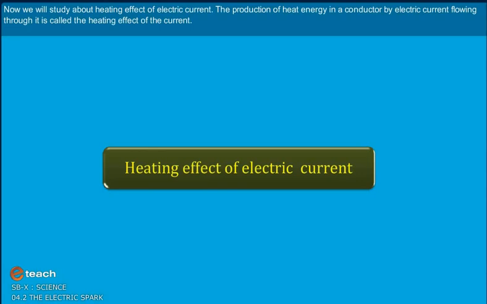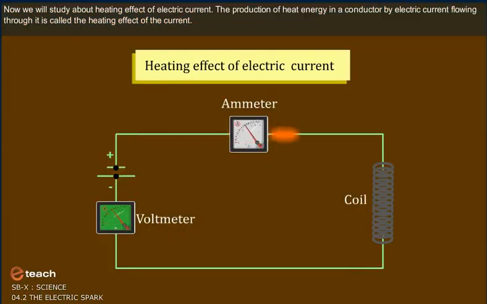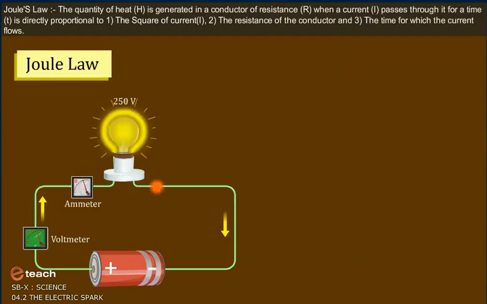Now we will study about heating effect of electric current. The production of heat energy in the conductor by electric current flowing through it is called the heating effect of the current. Joule law.